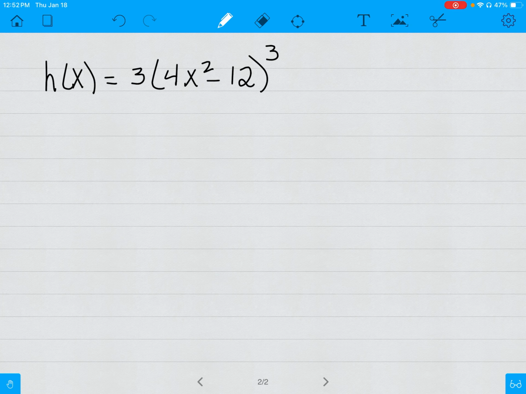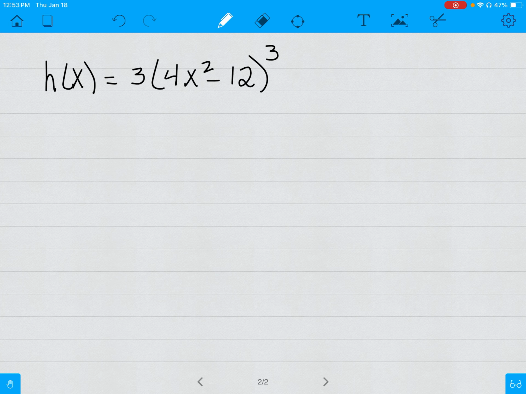And then what I want to start to look at when I'm thinking about, is this a composite function, is there a complete function that is being used as kind of the inside of an outer function? Well, parentheses are a really good sign that this is happening.